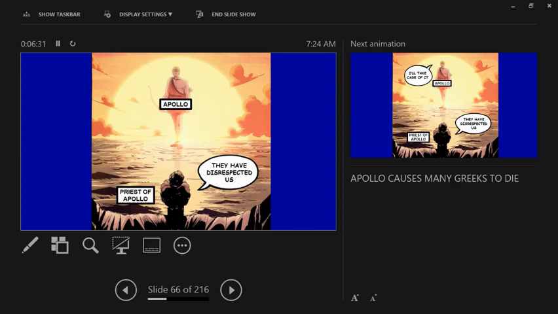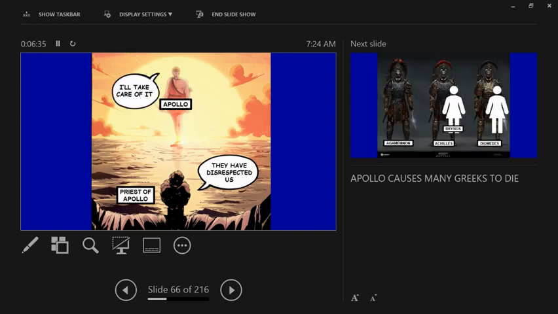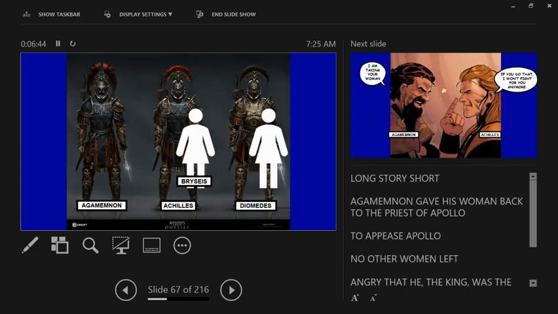So what are you going to do to fix this? Apollo causes a lot of the Greeks to start dying. And in order to fix it, Agamemnon returns the daughter to the priest, and therefore Agamemnon is without a woman, and there's no more women left to give to him.